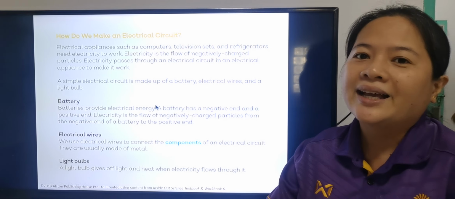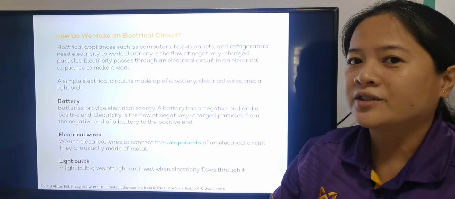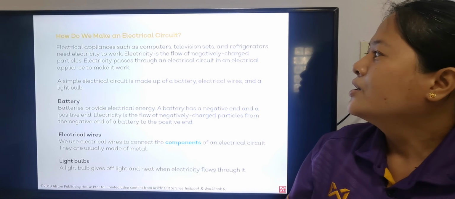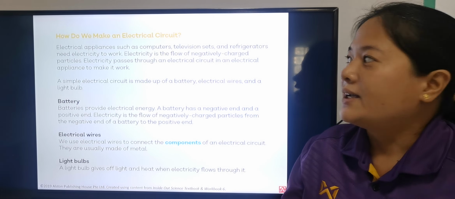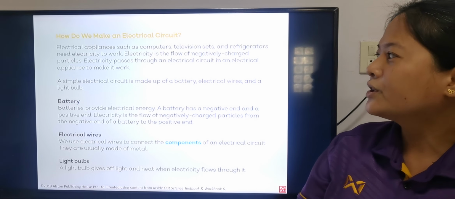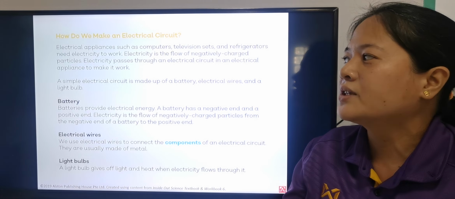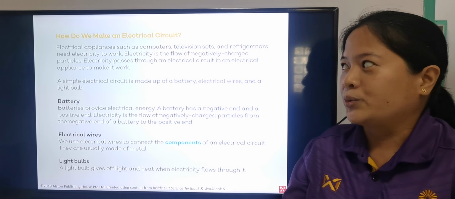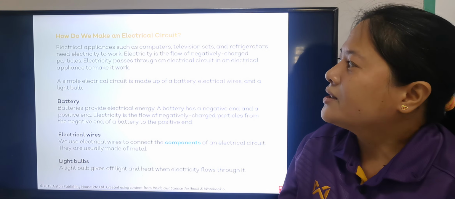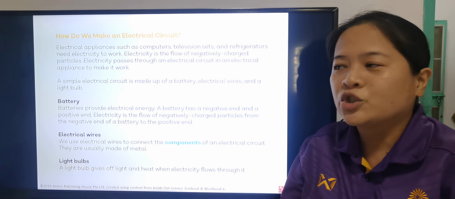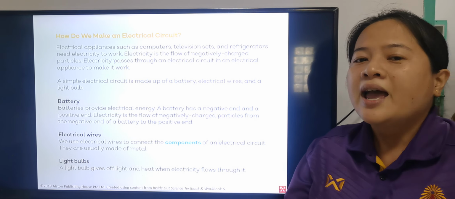So how do we make an electric circuit or electrical circuit in your book, okay? So we have to understand first that all electrical appliances such as computers, televisions, refrigerators, they need electricity to work, okay? So what is electricity? Okay, electricity is the flow of negatively charged particles, okay?